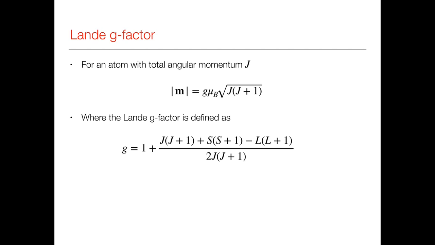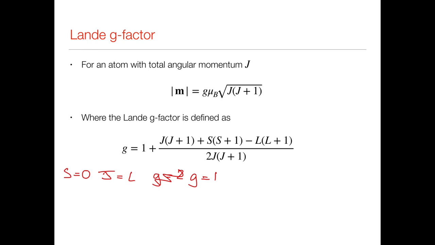So first of all, let's look at the case in which there is no net spin, so all the electrons are paired. So let's imagine we've got S is 0. In this case, J will just be equal to L. And if J is equal to L, then this term is 0, and these two terms will cancel out. So the fraction here will give me 0, and this means that g is just equal to 1.